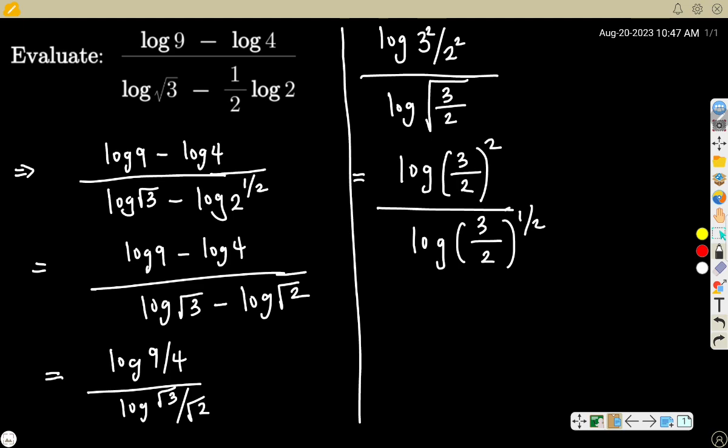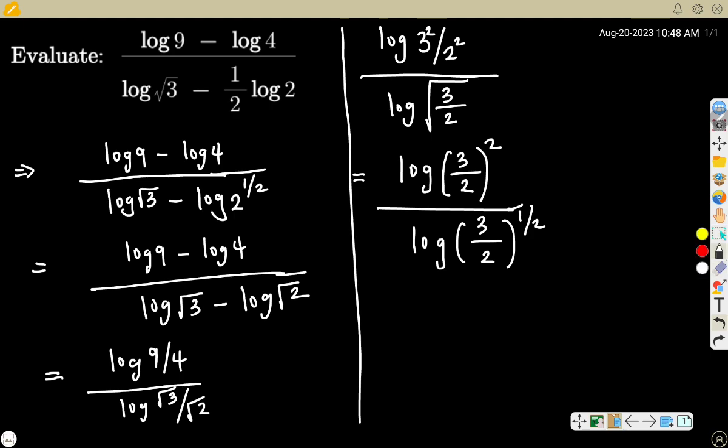So this is the same thing as log 3 over 2 everything raised to power half. Now using the other log law, log a raised to power n equals n log a, this power can go to the back, so we are going to use that now.